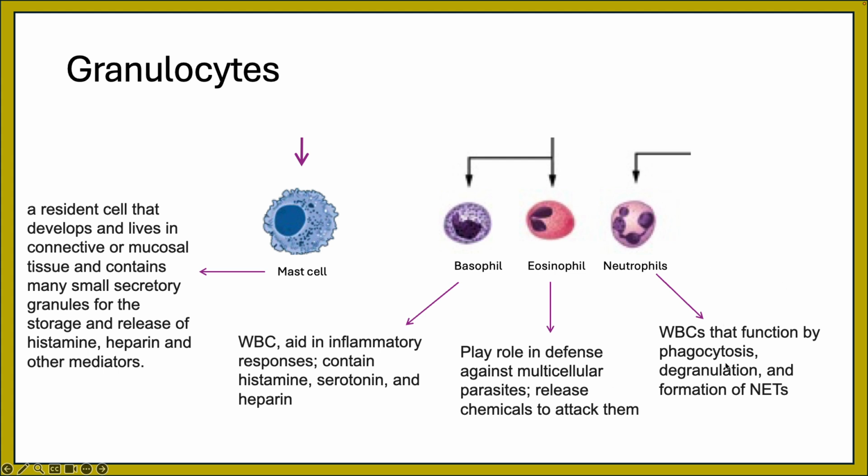And then neutrophils, these are white blood cells that are going to function by phagocytosis, but they also have some other functions like release of their granules and a kind of nifty trick where they actually will expel their nuclear contents and form a net, kind of. It's abbreviated NET, or denoted as NET, but kind of a literal net that traps invading pathogens.